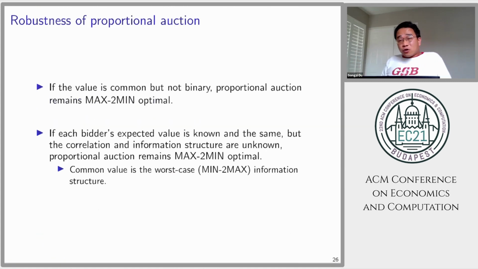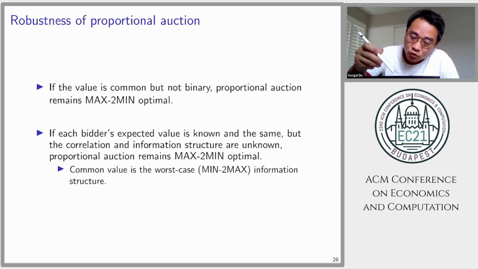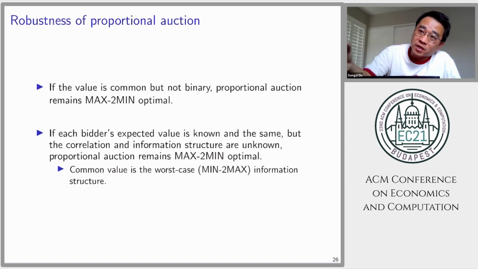So I just talked about a simple binary common value case. We can generalize it in two directions. Suppose we make the value common, but not necessarily binary. We can show that proportional auctions remain max to min optimal.